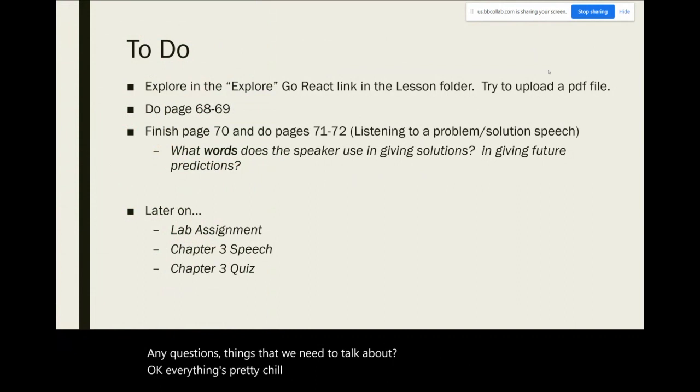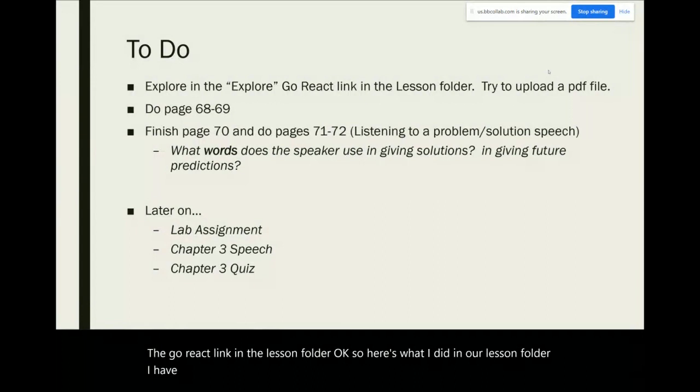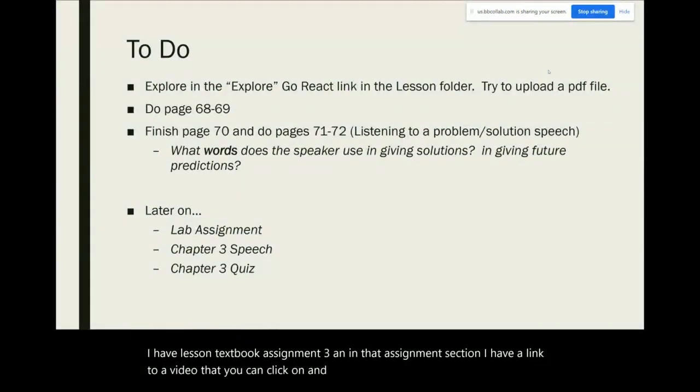So here's your homework. I want you to explore the Go React link in the lesson folder. Here's what I did in our lesson folder. I have lesson textbook assignment number 3, and in that assignment section, I have a link to a video that you can click on, and it will show you how to use PowerPoint in a Go React video.